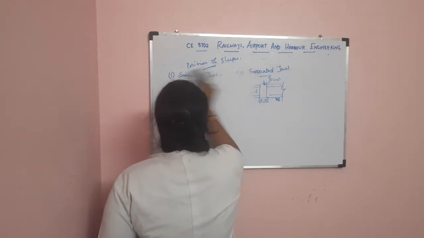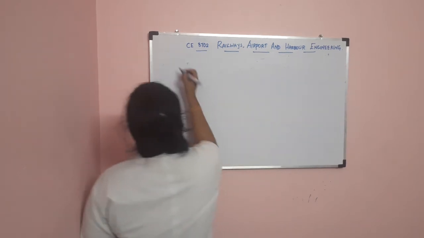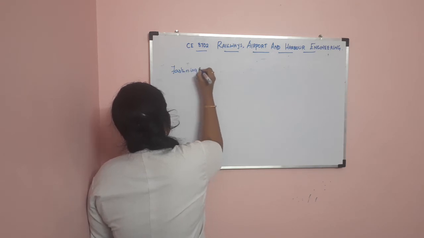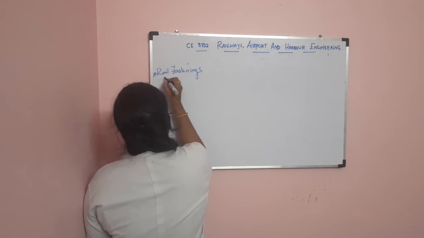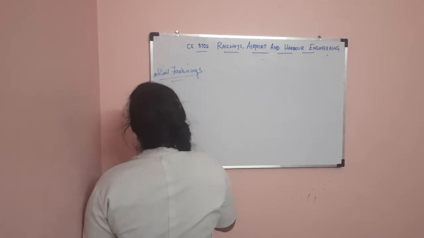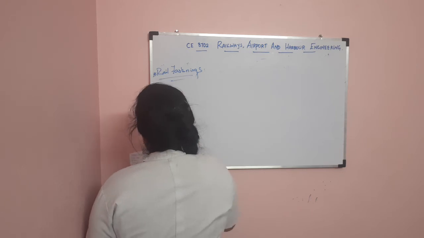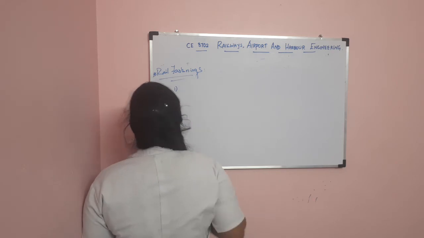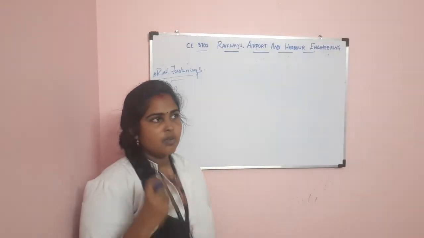Next, fastenings, or rail fastenings. What are the rail fastenings? To connect two rails, we need some fastenings. What are they?